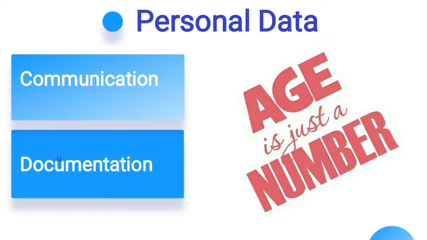Moreover, medication doses differ between different age groups. It also may indicate a marital status for a female patient without asking her, which is significant before asking if she's pregnant or not. As you see here, age is not just a number.